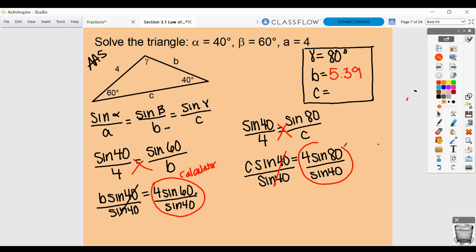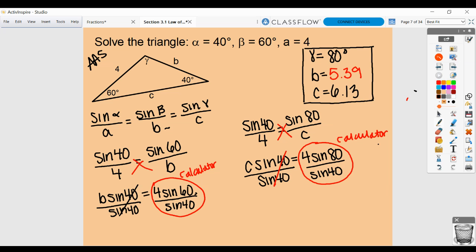And then you can put this into your calculator. So you should have 4 sine 80. Make sure you close the parenthesis after the 80 and divide sine 40. And you should get 6.13.